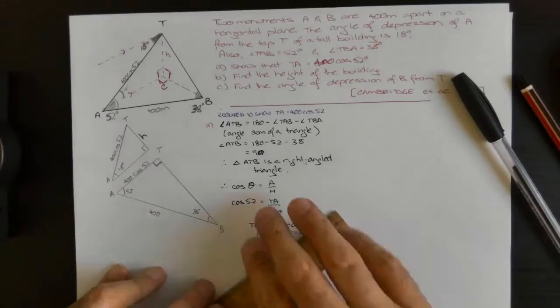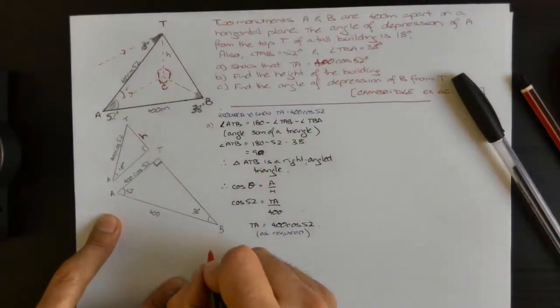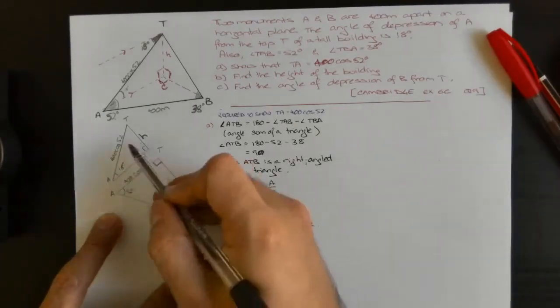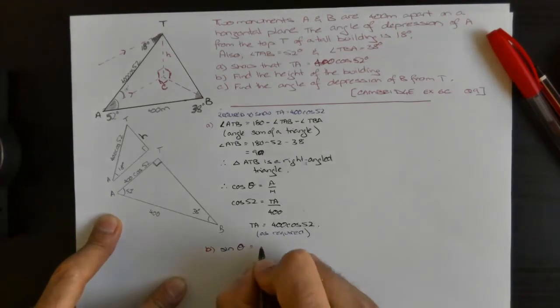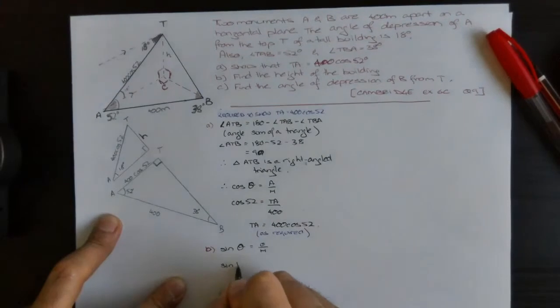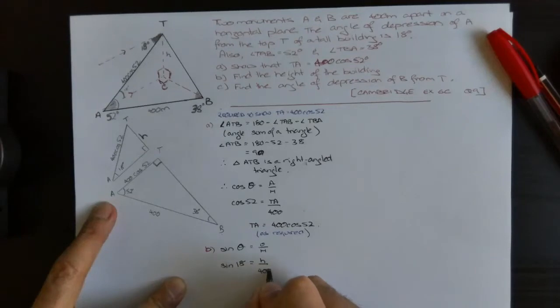Okay, so part B, we want to find the height of the building. Well, that's just sine. So sine of theta is opposite over hypotenuse. We know that theta is 18 degrees. Our opposite is the height of the tower, and the hypotenuse is 400 cos 52.